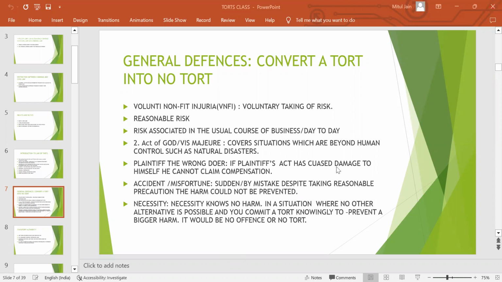Now the answer is simple. In voluntary non-fit injury, a person voluntarily undertakes the risk. That means he's aware of the risk that he is undertaking. But in plaintiff the wrongdoer, had there been no fault of the plaintiff, he would not have suffered any damage. So the plaintiff himself is at the wrong place firstly.